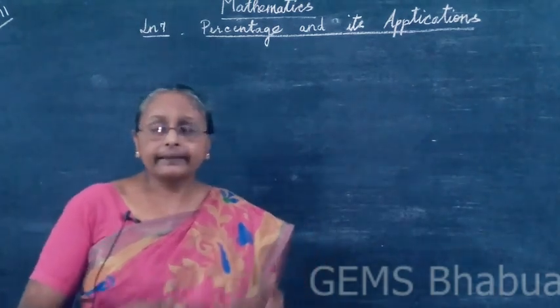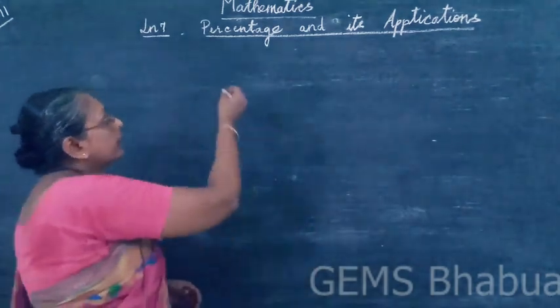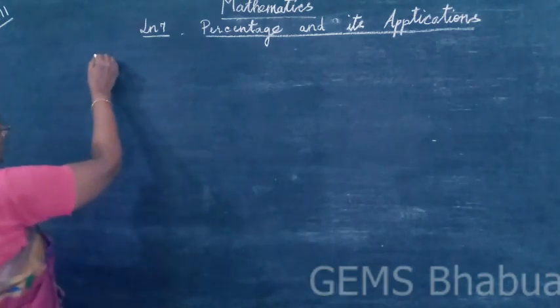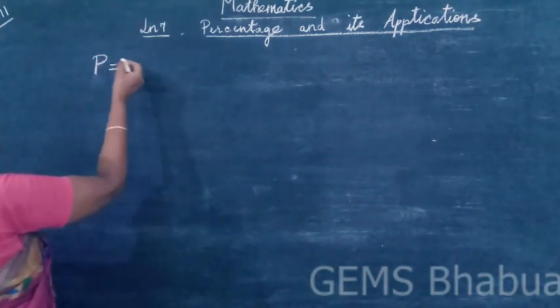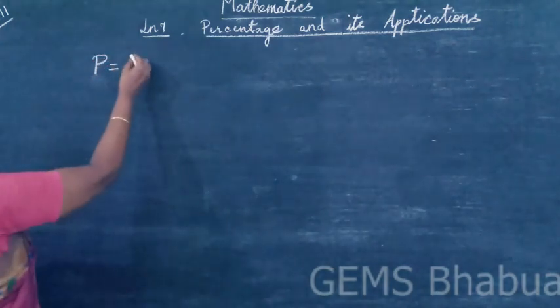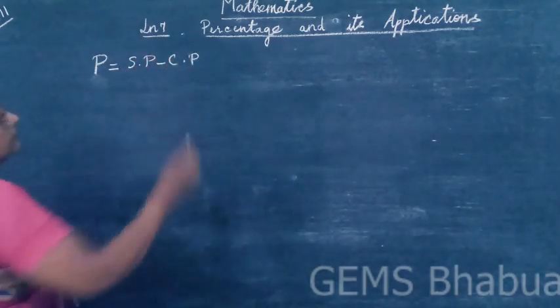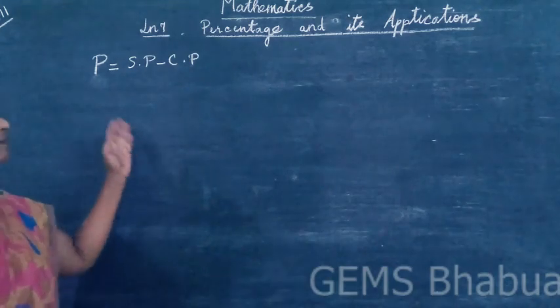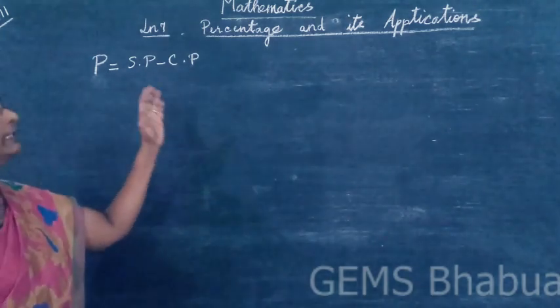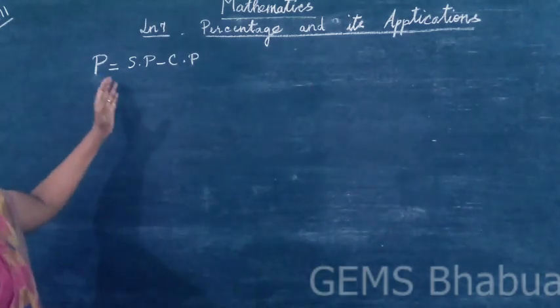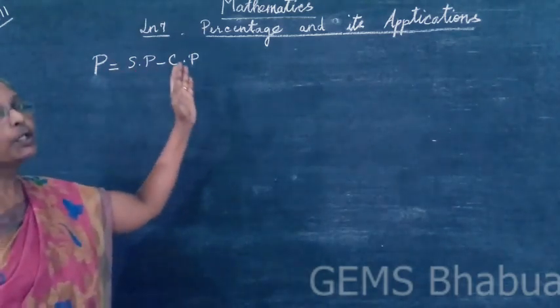So, we can get the formula for finding profit or loss from here. What is profit? Profit is equal to selling price minus cost price, because selling price is more than the cost price.